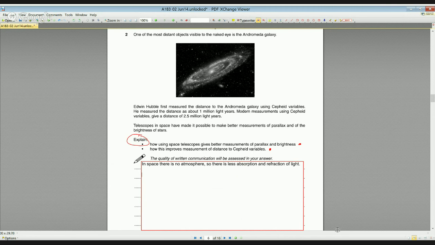As to how we measure Cepheid variable stars, well, we need to say something along the lines of: Cepheid variable stars fluctuate in brightness. Their brightness changes in a very well-defined pattern.